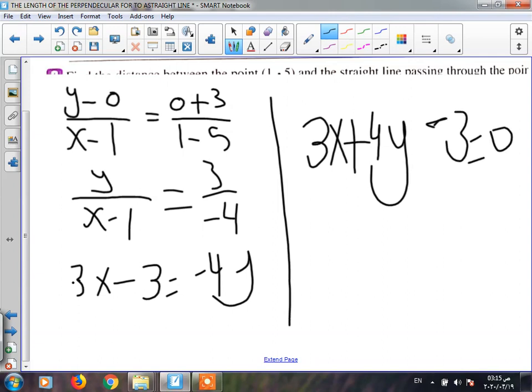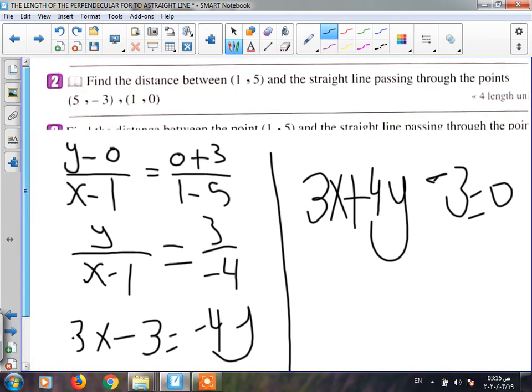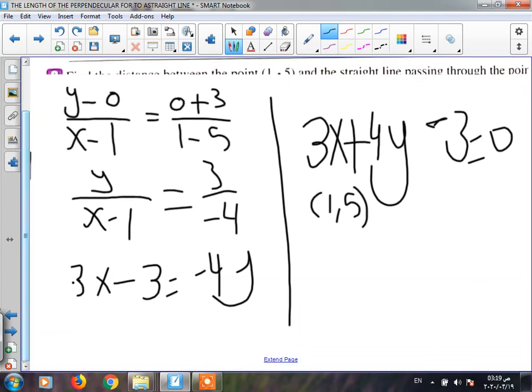This is our equation, and the point is going to be 1 and 5. In this case, we are going to find the perpendicular length. L is going to be the absolute value over the square root. A is 3, B is 4, and C is negative 3, and x1 is 1 and y1 is 5.